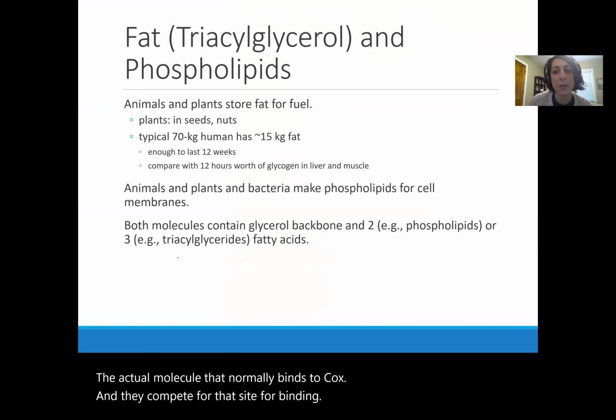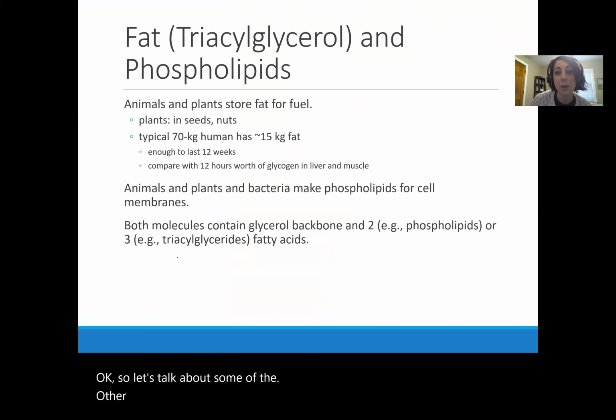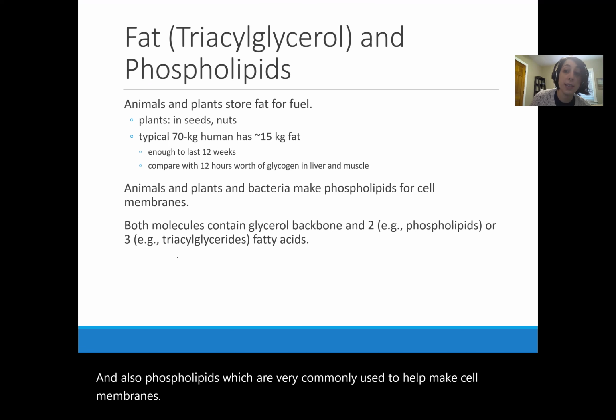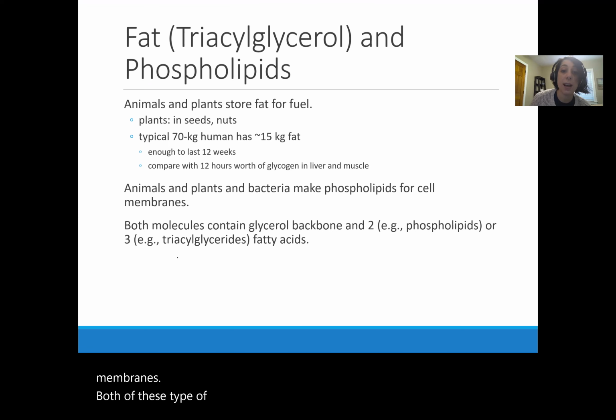Okay, so let's talk about some of the other more complex structures that could be made once we have synthesized fatty acids. One of these is triacylglycerol, which is useful in the storage of fats, and also phospholipids, which are very commonly used to help make cell membranes. Both of these types of complex structures rely on a molecule called glycerol.